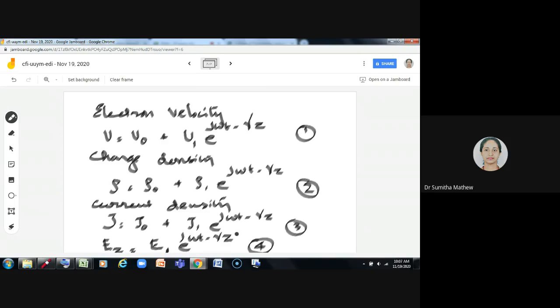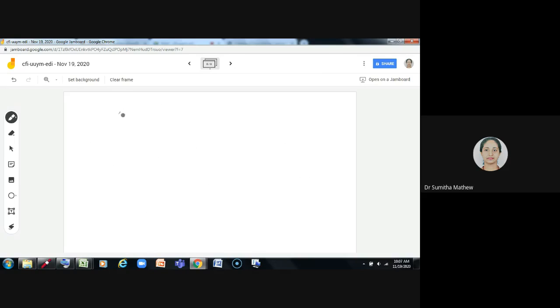Okay, these are the four equations where gamma is the propagation constant given by alpha e plus j beta e, the propagation constant of the axial waves.